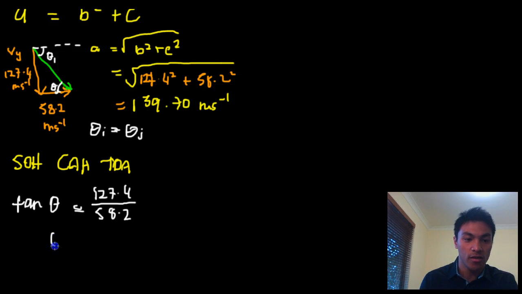So if we get the inverse tan of each of those sides, we get theta equals inverse tan of 127.4 over 58.2.